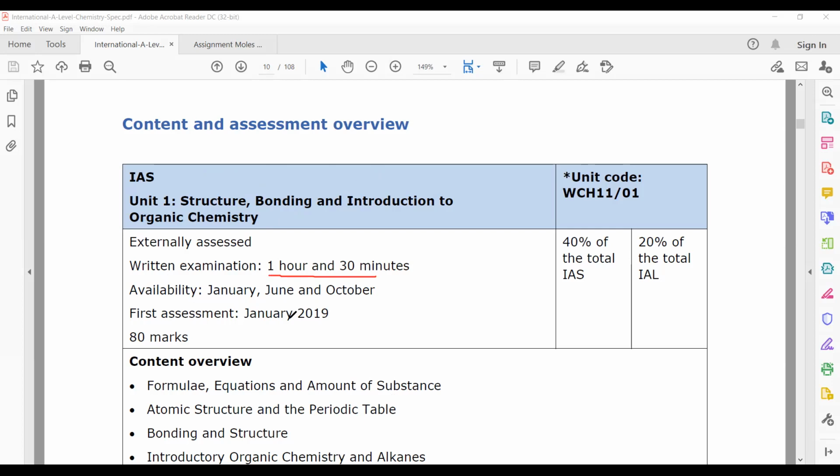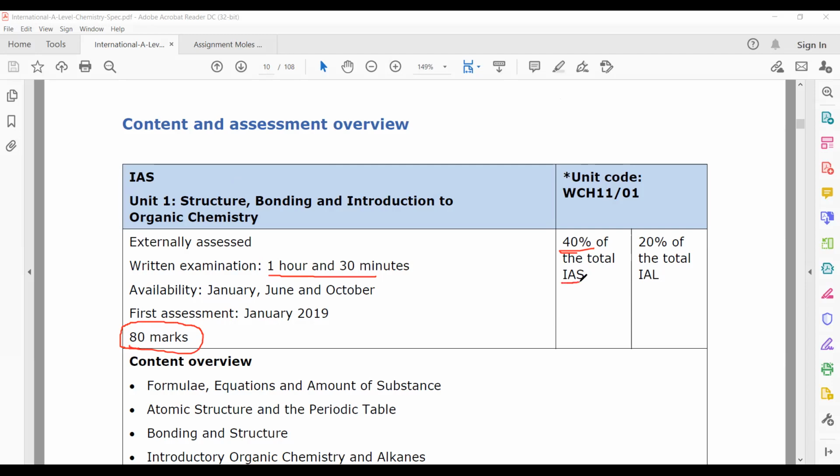And the first assessment was conducted in January 2019. Total marks for this paper 80. These are the raw marks, but then it is converted into 120. And 40% of the result of AS is based on this paper, and 20% of your complete A level result is based on this paper.